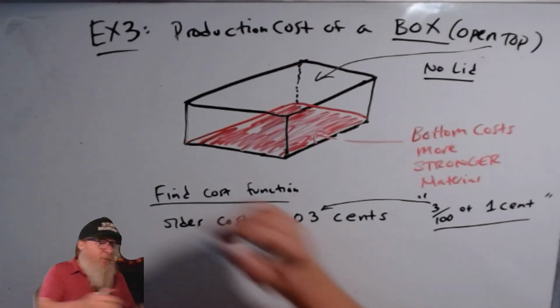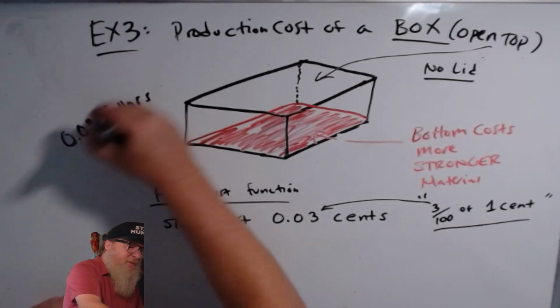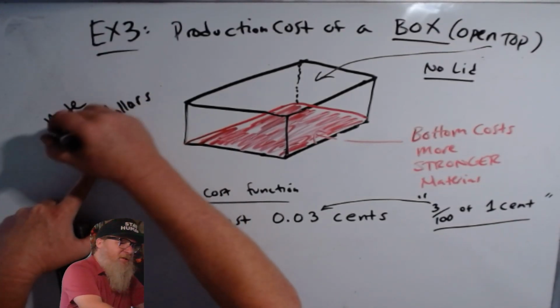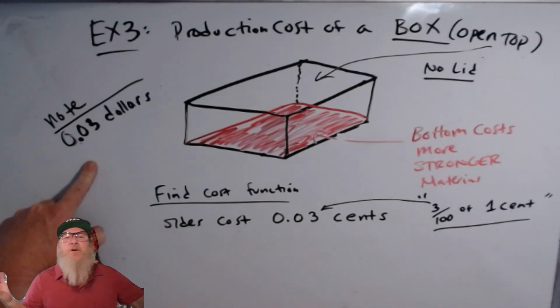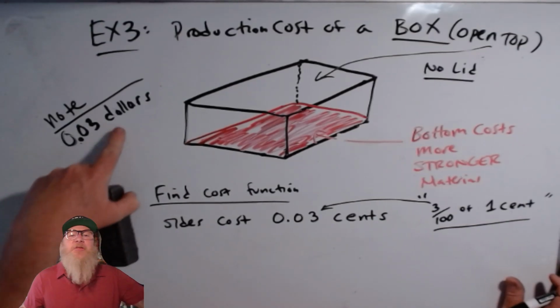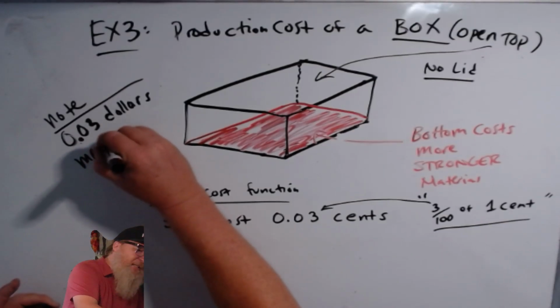All right. I just want to note, for human understanding: when you say 0.03 dollars, this means 3 cents.